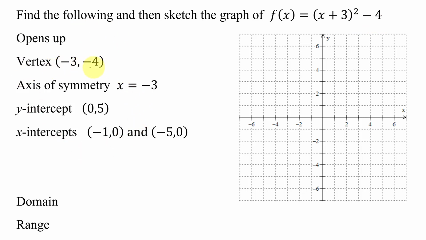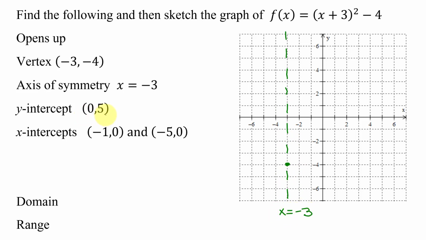So the vertex was at (-3, -4). So left 3 and down 4. So there is my vertex. The axis of symmetry is a vertical line through the vertex. So I'm going to graph that in with a dotted line. There's my axis of symmetry, x equals -3.